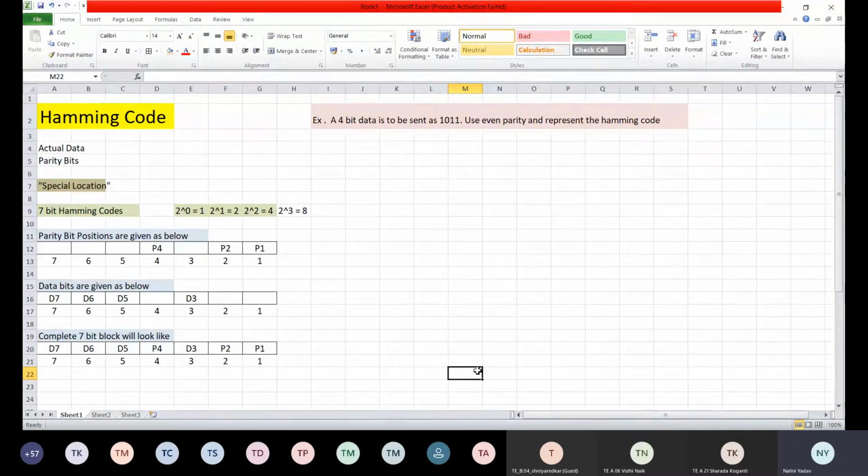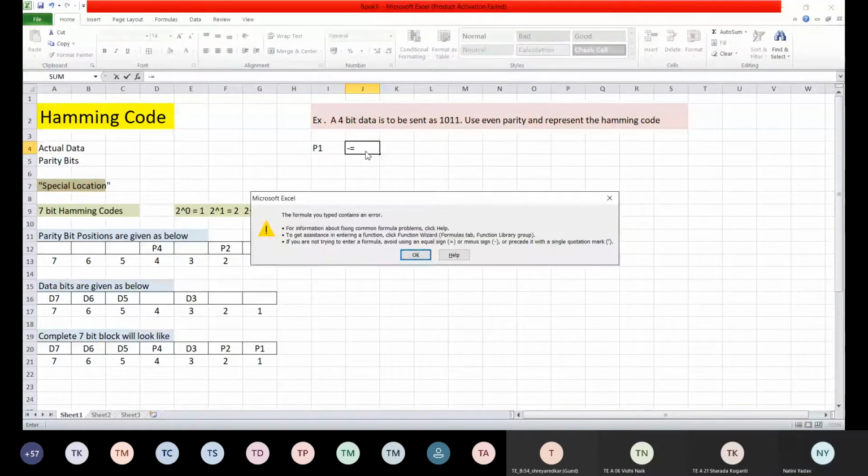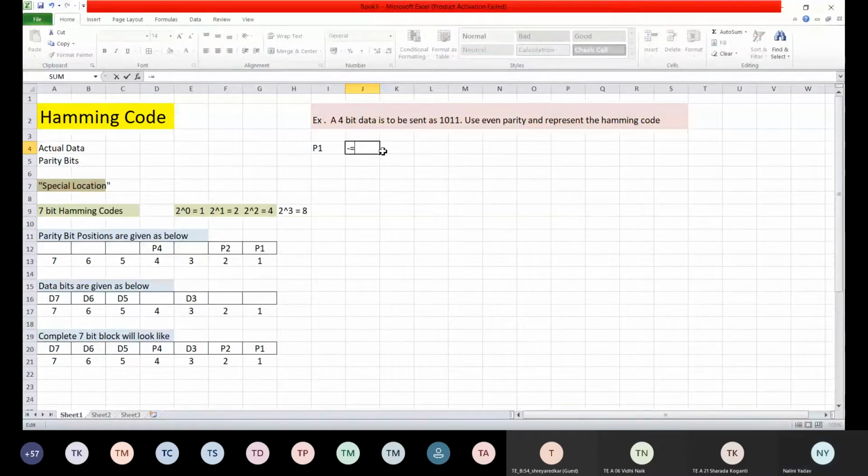Now the next important part is how we will calculate the value of P1, how we will calculate the value of P2 and how we will calculate the value of P4, correct? P1 is to be calculated with the help of D3, D5 and D7.